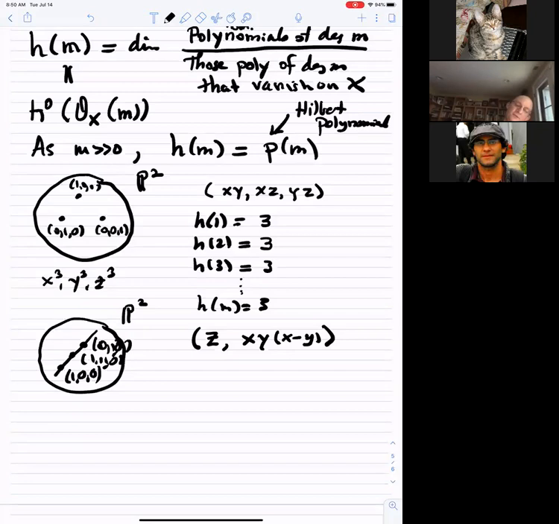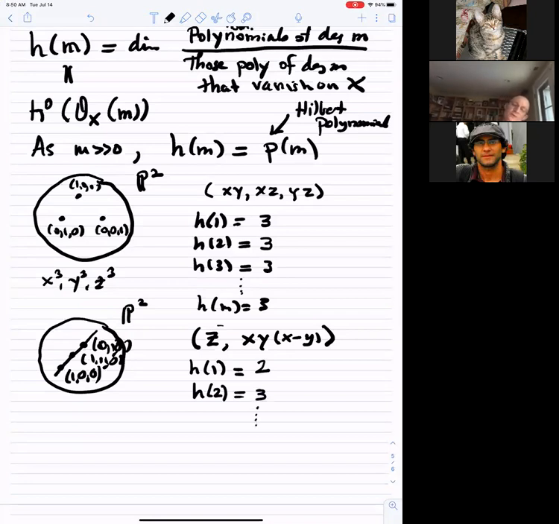Now H1 is different because if I take the polynomials of degree 1, spanned by x, y, and z, modulo those that vanish on the set, z is such a polynomial, so this is now 2-dimensional. But starting with H2 onwards, this becomes 3 again.